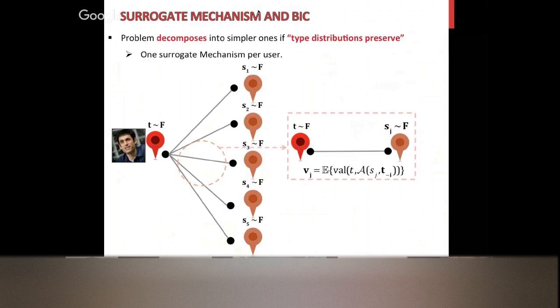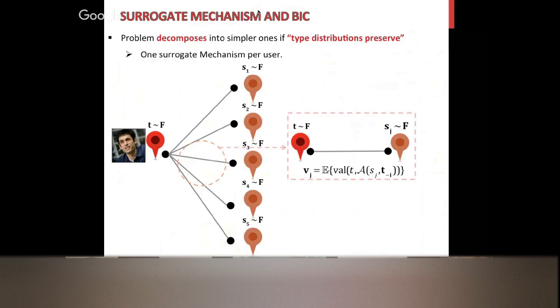Then you need to decompose the problem into agents, and for that, you need a property that I call type distribution preservation. You want to transform the type of the agent to some surrogate, and suppose the way that you transform the type to surrogate is such that the distribution of the surrogate that you use is exactly the type distribution of the agent. Then here is my claim: if you assign the surrogate to the agent in a truthful way, then from the truthful assignment of the surrogate to the agent, you get BIC in general.